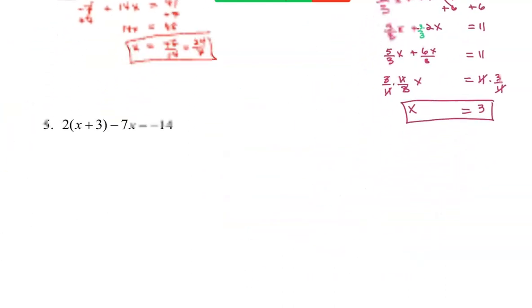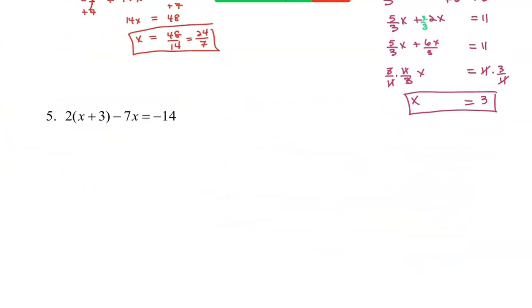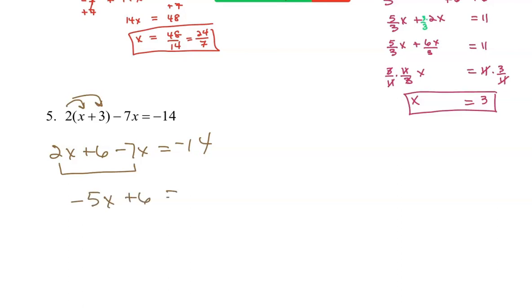Okay, I think we have one more to do. So this is good algebra practice. Distribute, distribute. 2x plus 6 minus 7x equals negative 14. Okay, combine these guys. A 2x and a negative 7x gives me a negative 5x plus 6 equals negative 14.